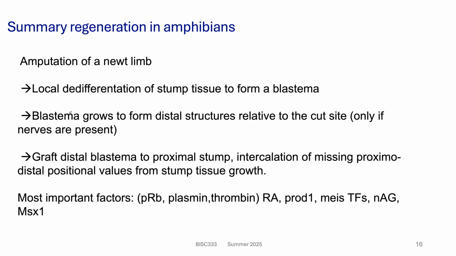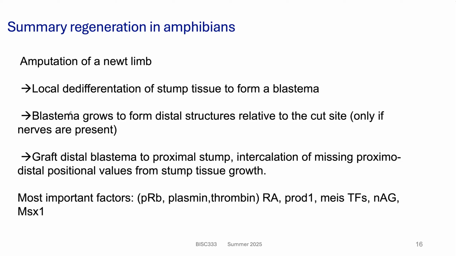So they have to re-enter the cell cycle, which isn't normal in a post-mitotic tissue, and they lose their differentiation. The blastema grows, and there's outgrowth of the whole limb, and the distal structures relative to the cut site are formed. Just take note of the necessity of the nervous system, which is a source of the NAG signal.